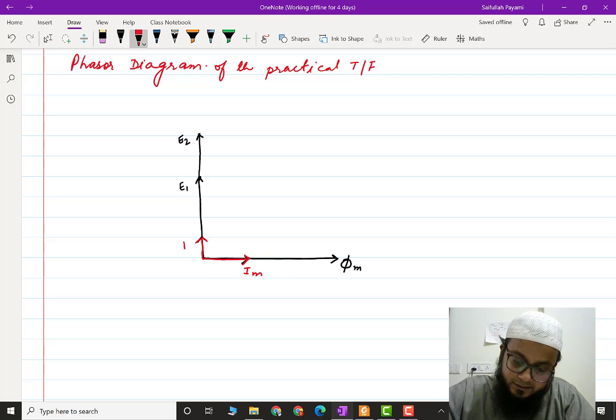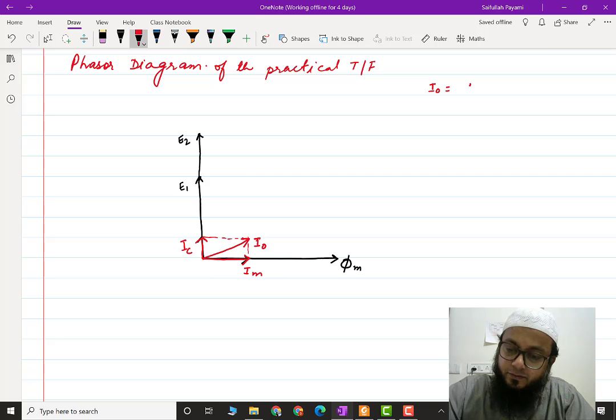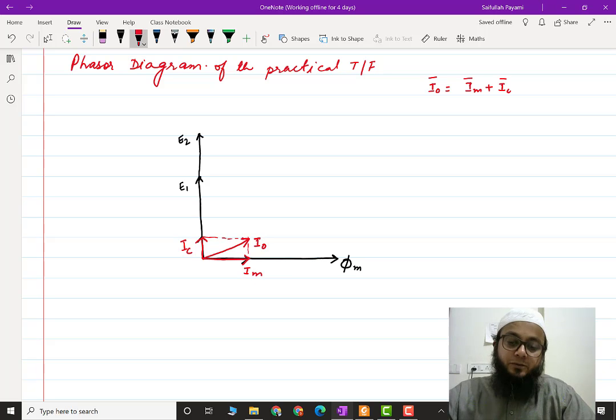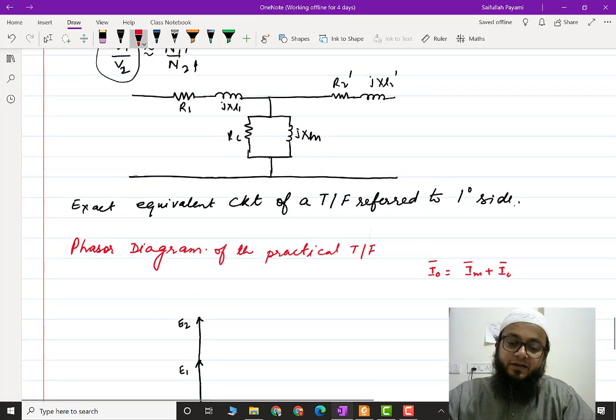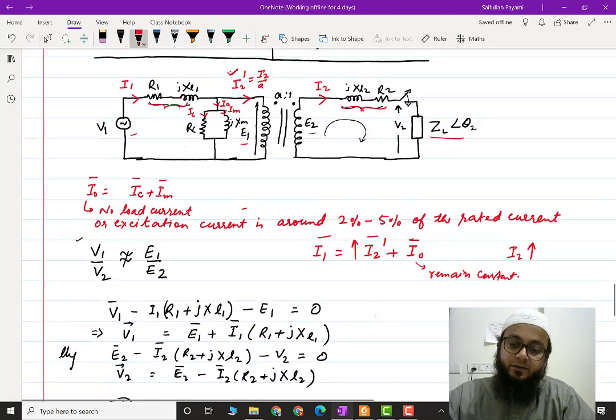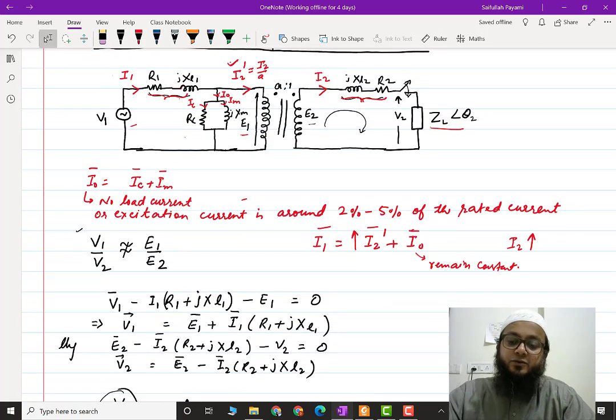So this is IC, and the combination of the two would be somewhere here, I naught. So I naught is equal to IM plus IC, as we have given before as well. Now we will start with respect to the secondary side. Let's say this load has been connected, this switch is on. So with respect to this we will try to draw it.